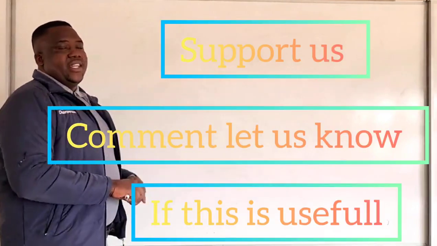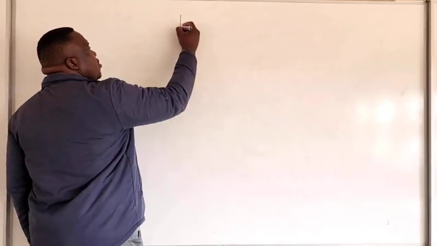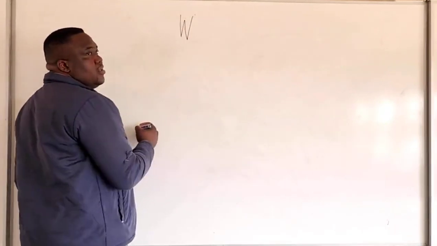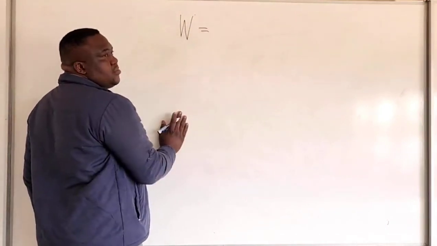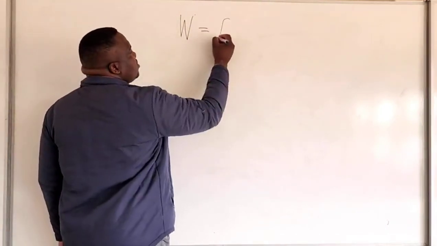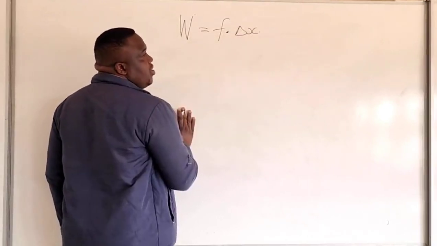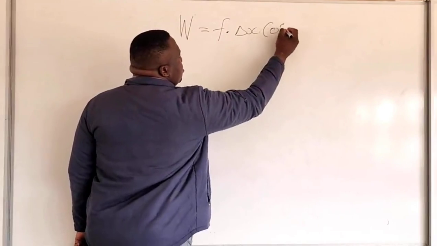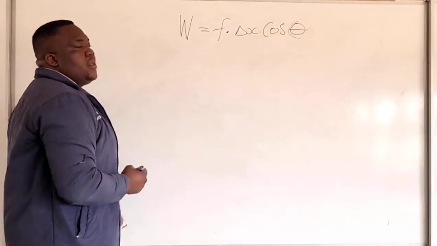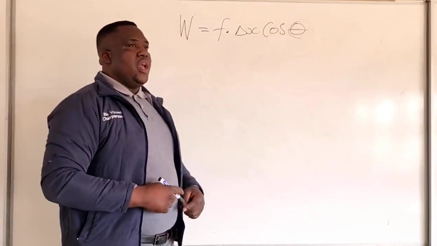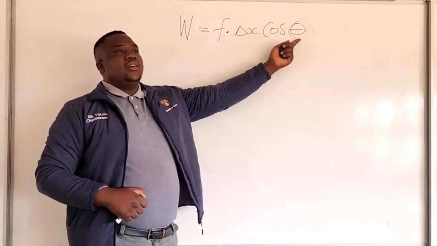I know in the first lesson I explained work. You know what work is. Work is the product of the force and the displacement of an object, where theta is the angle between the force and the displacement.